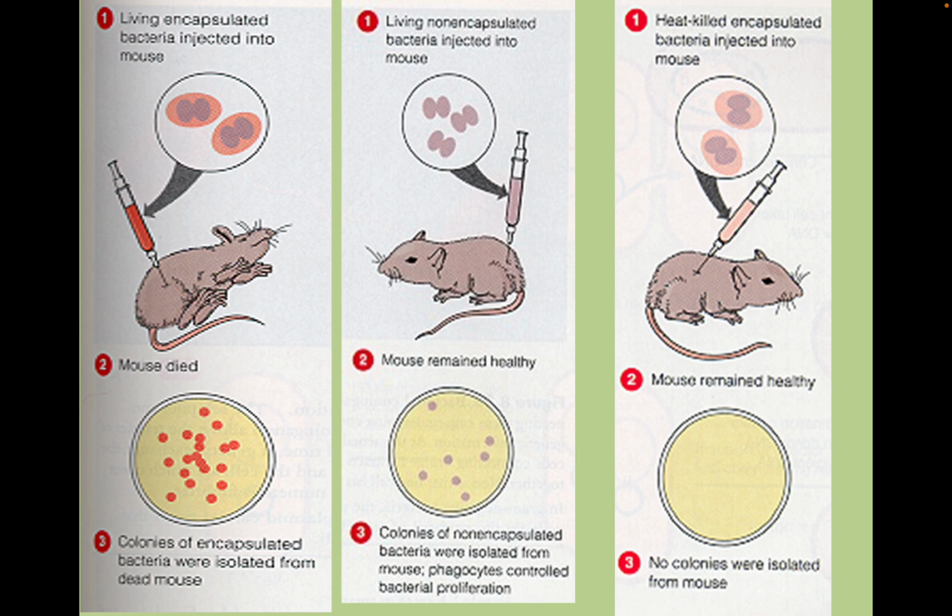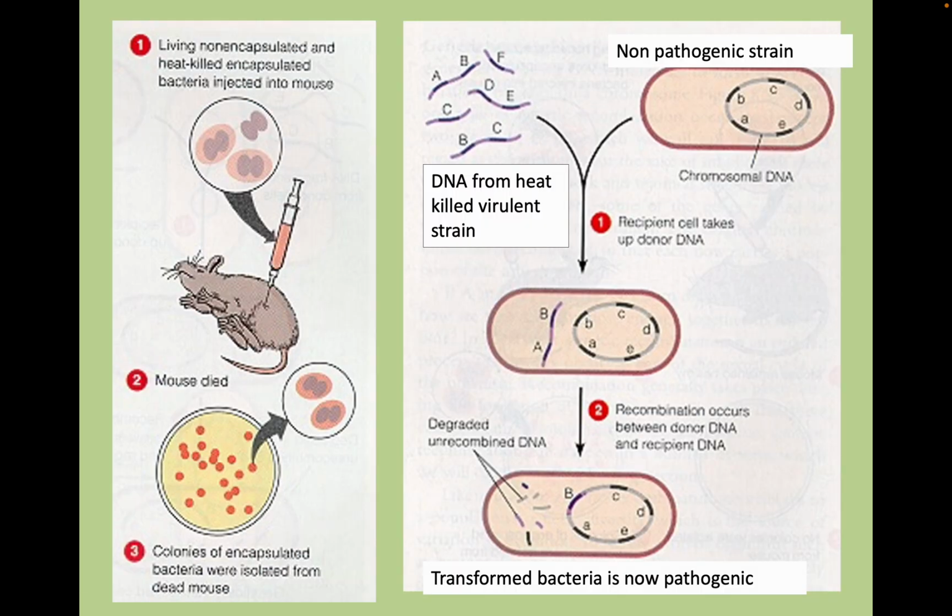So there were bacteria, but they weren't taking over and causing problems. In the third one, he heat-killed encapsulated bacteria and injected it into the mouse. The mouse remained healthy, and there were no colonies isolated from the mouse. Right? So all of this is pretty much as you'd expect to see. No major surprises. Until now.